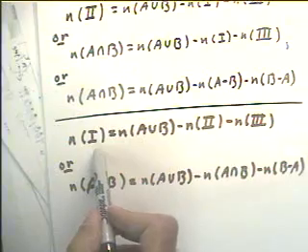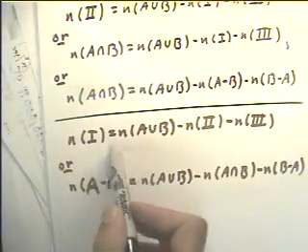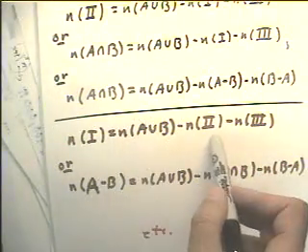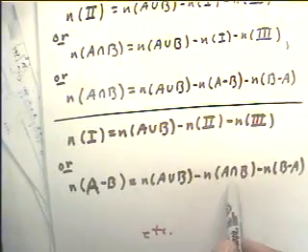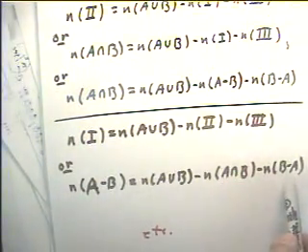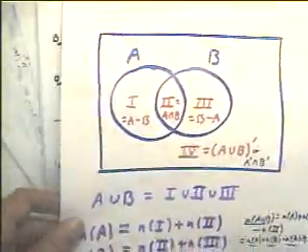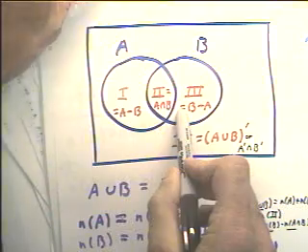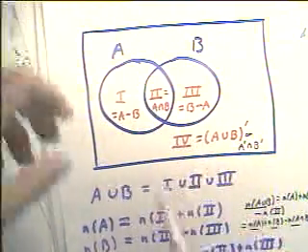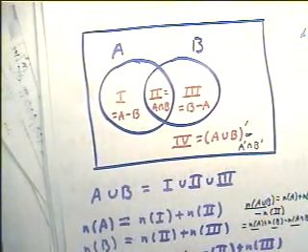The number in region 1 is the number in A union B minus the number in region 2 minus the number in region 3. Of course, region 2 is A intersection B, region 3 is B minus A. So by using this picture, hopefully you can make a little more sense out of some of the problems involving numbers of elements in various sets.